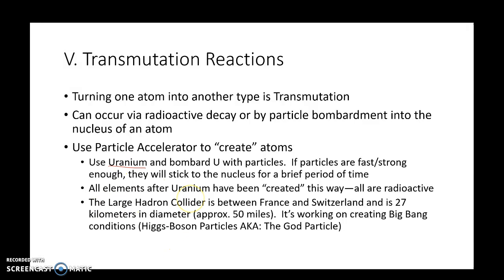So what they do is they'll take that uranium, and I'll skip down here to the Large Hadron Collider. It's this really long tube, 27 kilometers around, and there are lots of little tubes, so it actually looks like a circle. I'll show you a picture on the next slide.